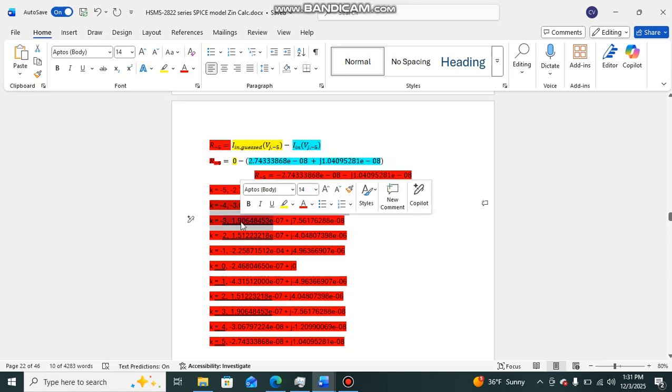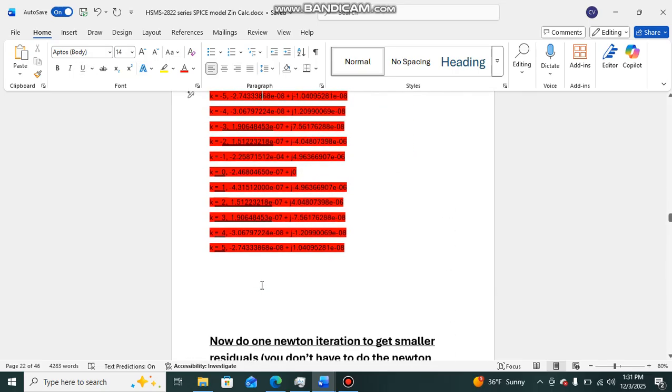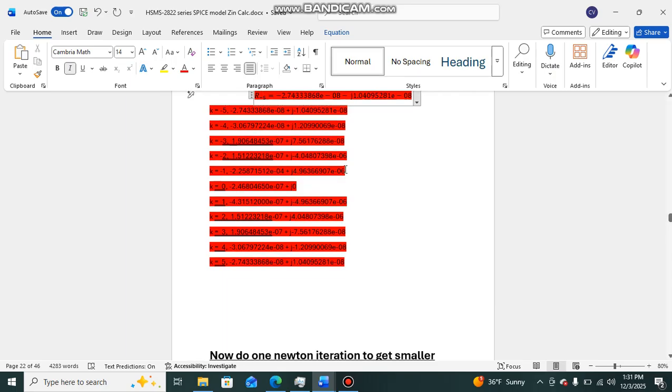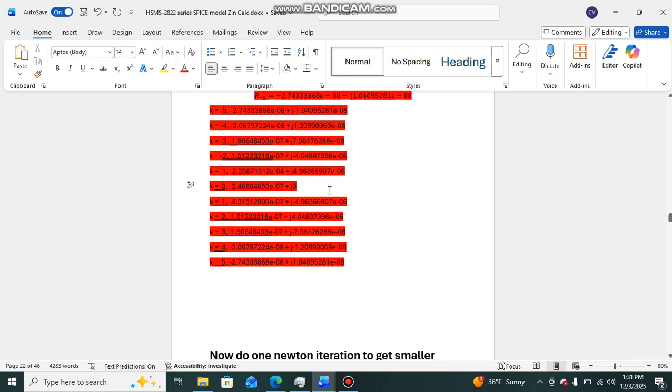And keep doing that from -5 to 5. As you can see the residuals are to the -6 power, so we could redo this again using Newton's iteration to find new values.